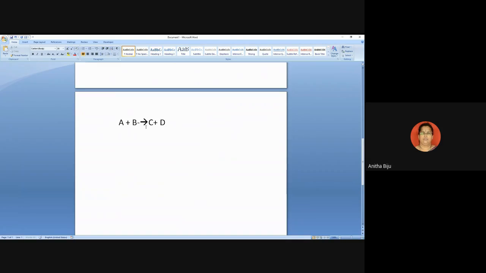Then the third feature is already expressed in this equation. An arrow is put in between reactants and products, starting from the reactant and ending with the product. This is the way to express the arrow. So these are the steps. And the last one: balanced and unbalanced chemical equations are there.